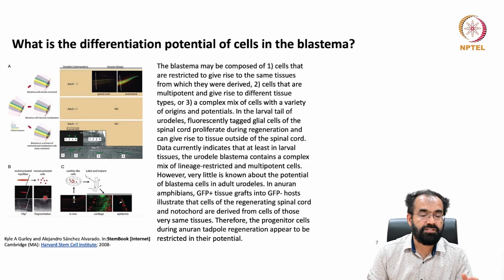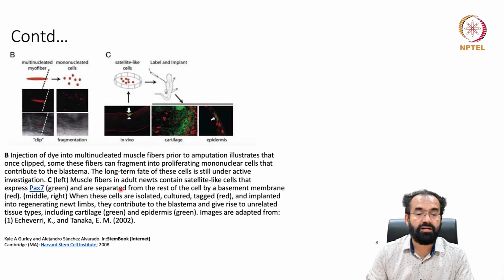But in other, this B and C we can see in the next panel. So B is a multinucleated myofiber. How does the myofiber react? In panel B, injection of dye into multinucleated muscle fibers prior to amputation illustrates that once clipped or once injured, some of these fibers can fragment into proliferating mononuclear cells that contribute to the blastema formation.